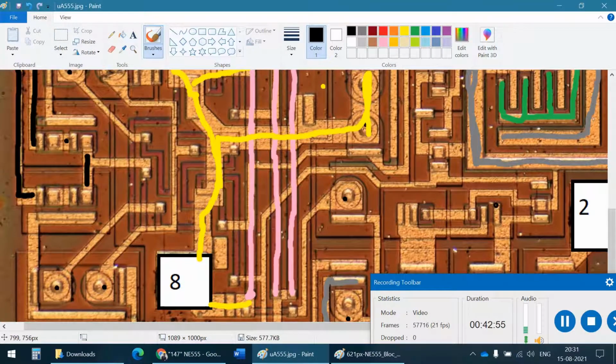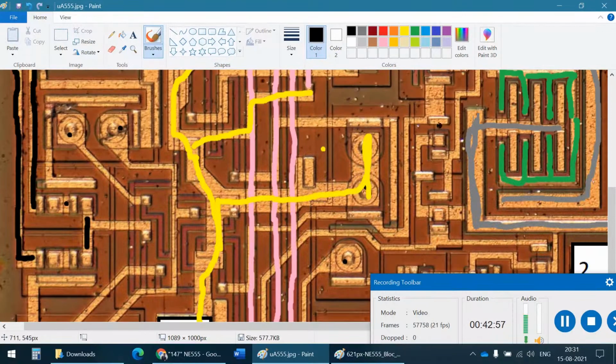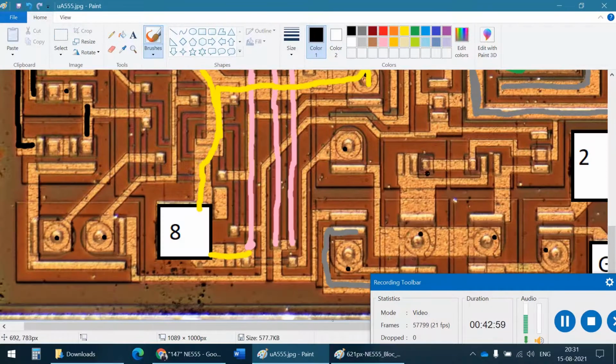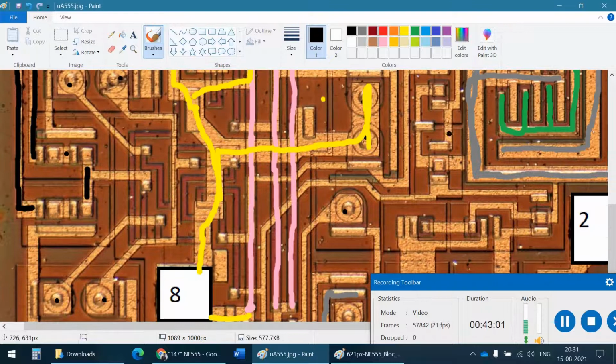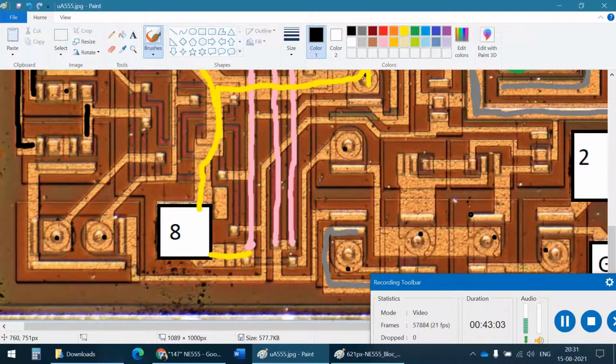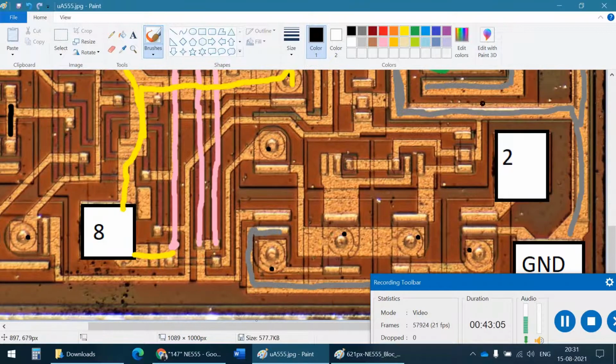I don't know what else to identify. These transistors as 1, 2, 3, 4, 5. Is there anything I can get from that? Okay, this seems to be connected to ground. This one's connected to ground. Like that. There's 1, 2, and the output seems to be connected here.